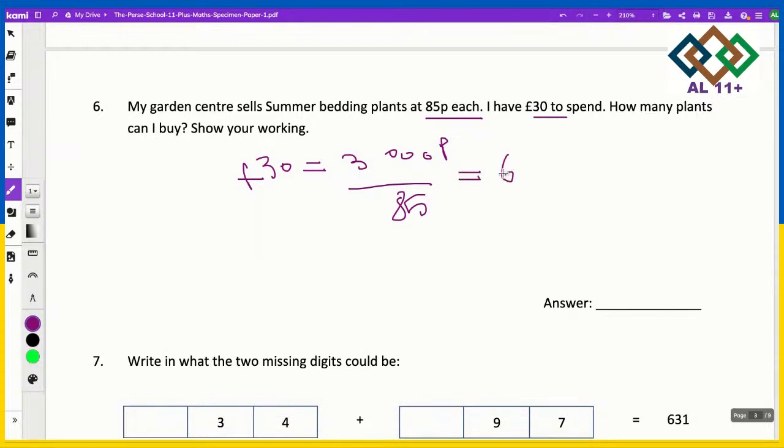That would give you guys 600 divided by 17, and then when you divide it, your answer would be 35.29. And let's do it rounding. If you do rounding, your answer would be 35.